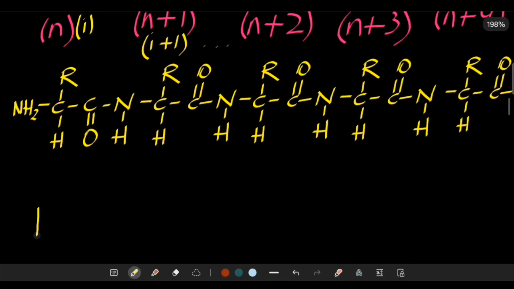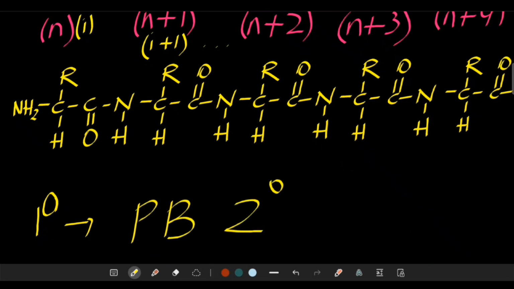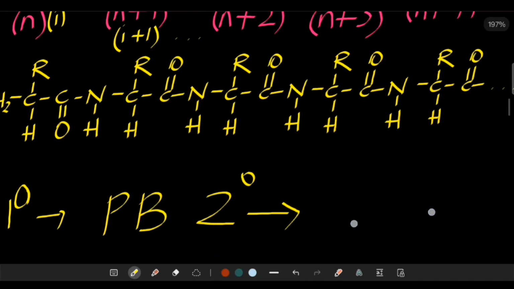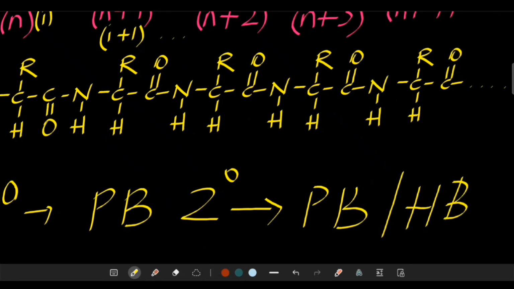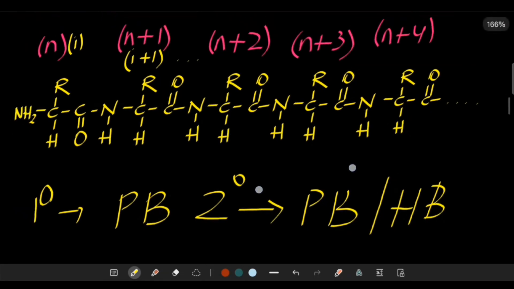In primary structure, what was the main bond which was involved? It was the peptide bond, right? In secondary structure, which bond do we have? We have the peptide bond, obviously, but then we also have hydrogen bond involved. Okay, so I hope you're able to understand this.